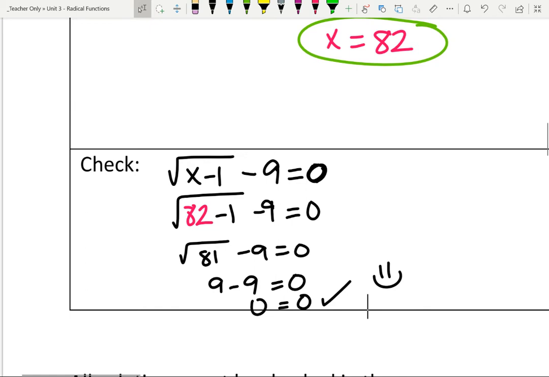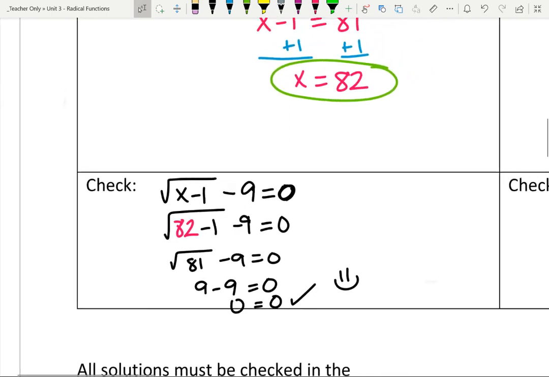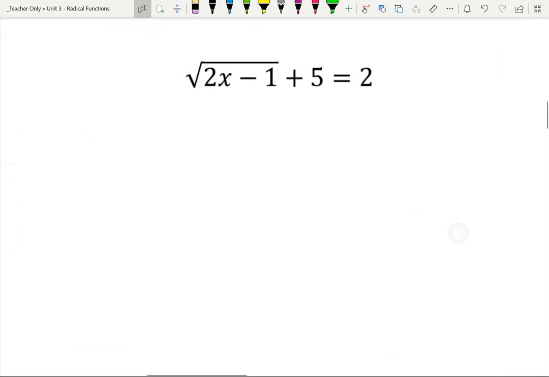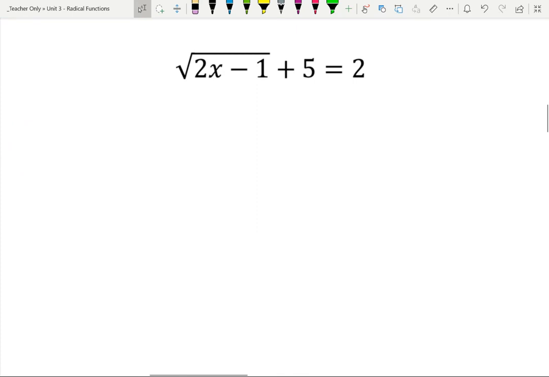So some similarities here. Remember, we're trying to isolate the variable. We're using inverse operations to do that, and we are checking our work. So let's take a look at example 2. Example 2 says the square root of 2x minus 1, plus 5, is equal to 2.